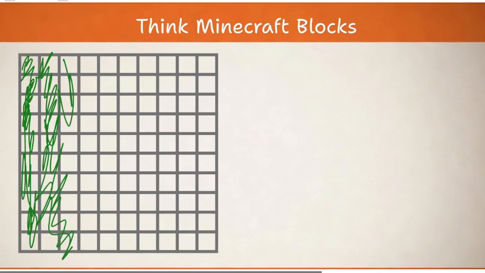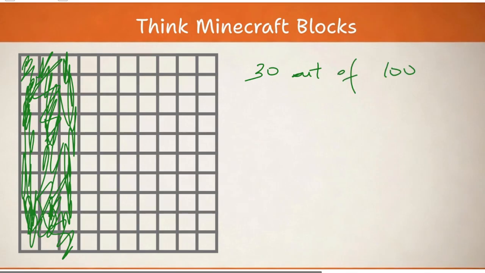So if I shade 30 blocks, that means I have shaded 30 out of 100 blocks, and that means 30 over 100, and this becomes 0.30, or we say 30 hundredths.